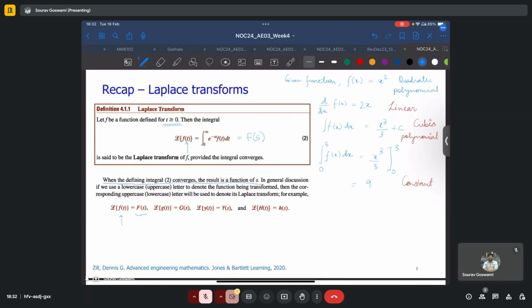If your original function was given with capital letters, its transform can be denoted with a small letter also. But what is important is to keep the distinction between the two and have a consistent notation. For example, here the Laplace transform of capital H of t can be denoted by small h of s.